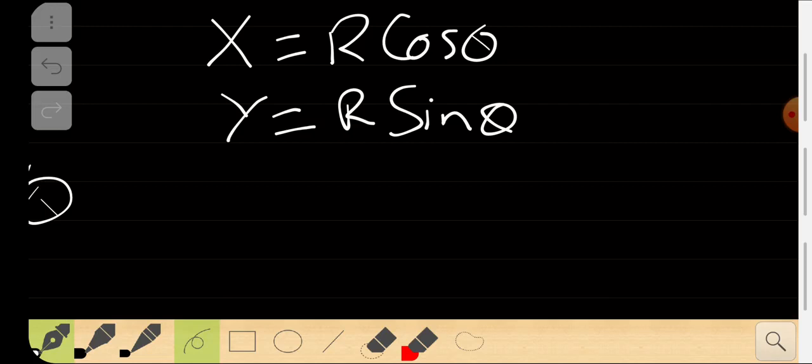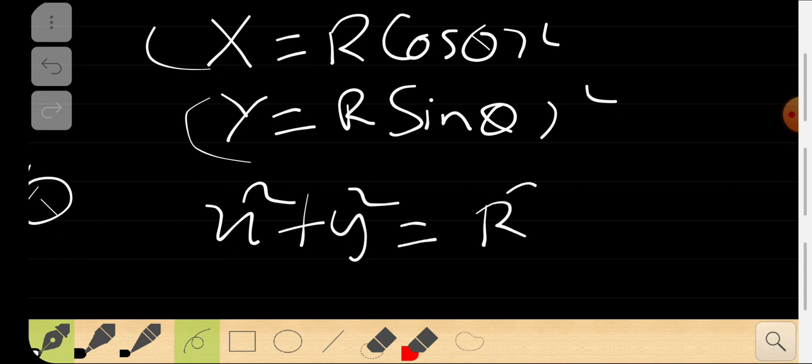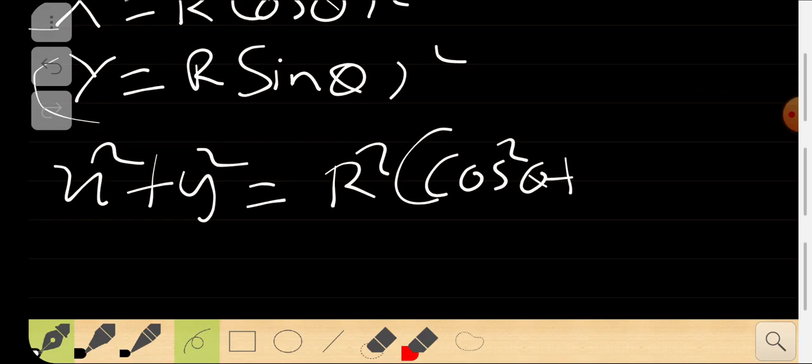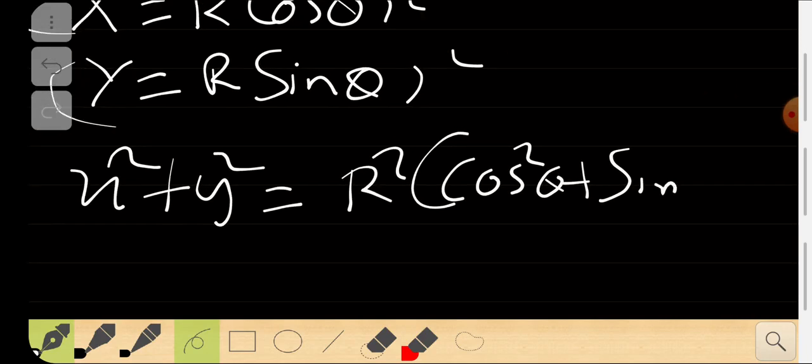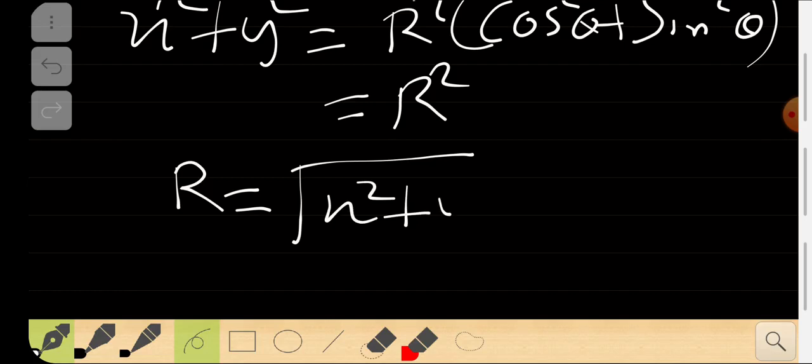All you have to do is take the square of both and sum them. So you get x square plus y square on both sides, which is equal to r square times cos square theta plus sine square theta. Cos square theta plus sine square theta is a trigonometric identity equal to 1. So r square is obtained from that, and r is equal to the square root of x square plus y square.